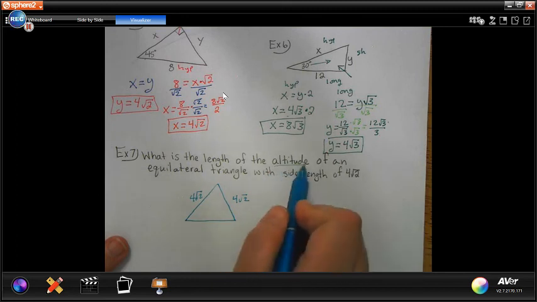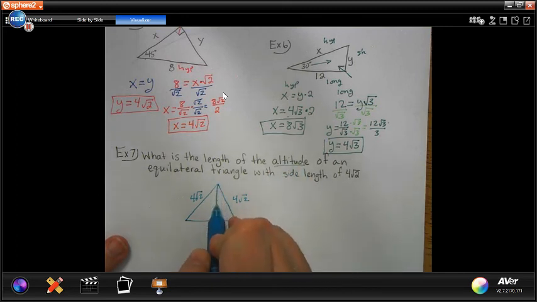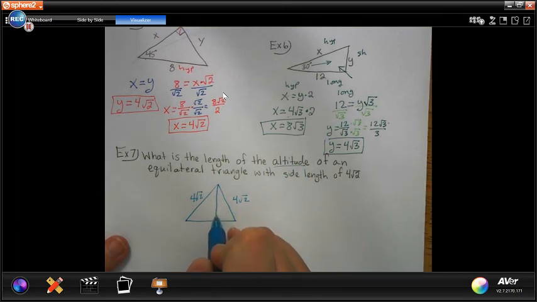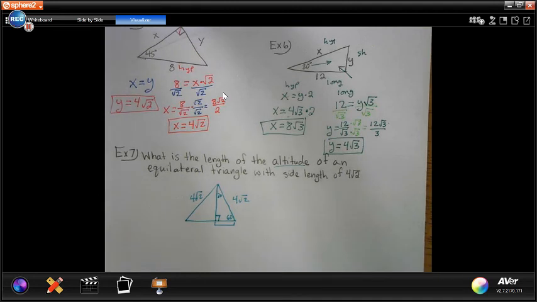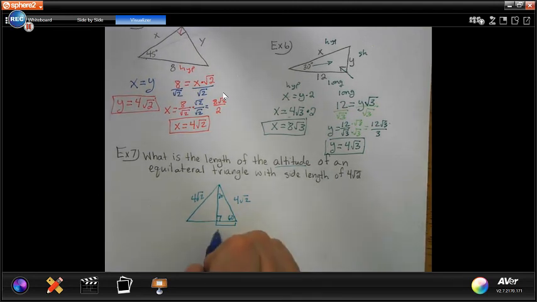We have altitude here. And remember, the altitude is perpendicular to the base. And remember that the angles are 60. But this one gets split and becomes 30. And remember that this part of the base is half of the whole side. So if the whole side is 4 radical 2, half of 4 is 2 radical 2.